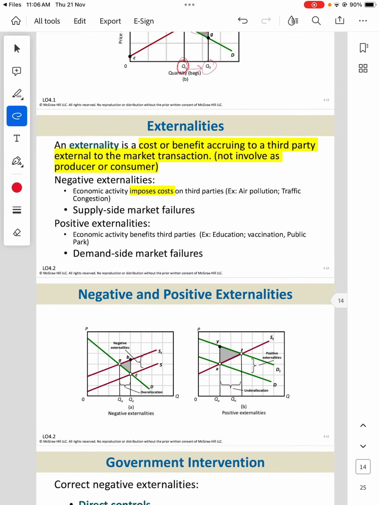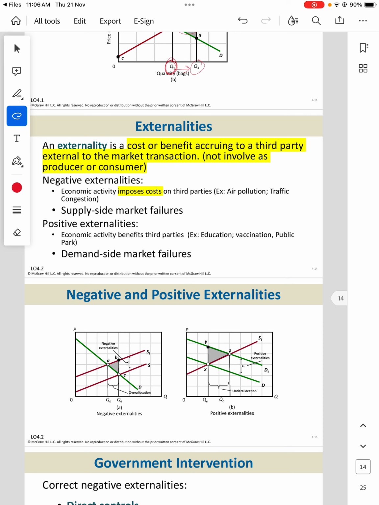Now we take a look at externalities. Externalities are the costs or benefits that affect a third party. Who is the third party? The third party is not a person involved in the production or consumption.